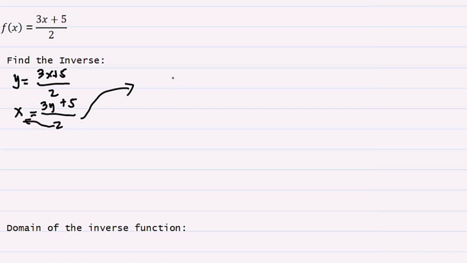So we have 2 times x is equal to 3y plus 5. So we have 2x is equal to 3y plus 5.